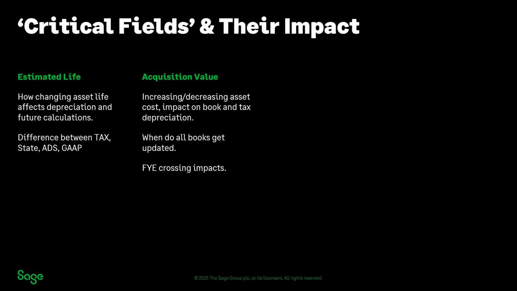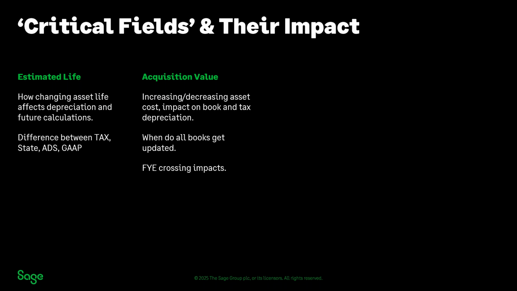Or what if the assets are there, but the adjustment should have occurred in 2024, right? So the asset is already in service, has been in service, let's say 2 years, or earlier in that year, in 24. And then in 25, I have new costs that I need to put against this asset, and I'm keeping track of my tax, state and my GAAP. I've already crossed fiscal years. What should I do?